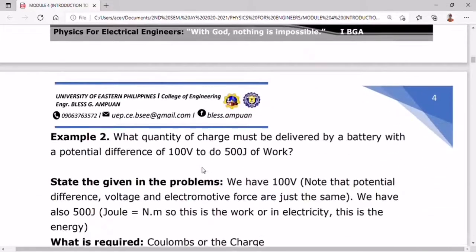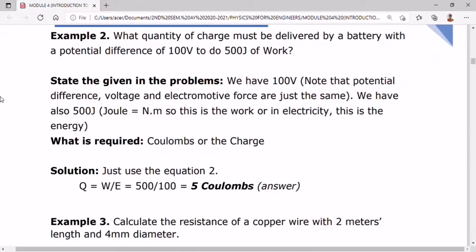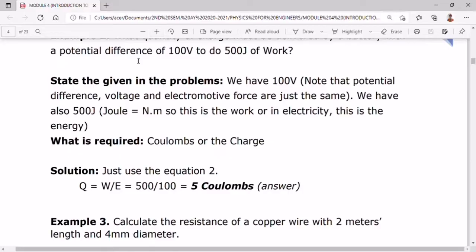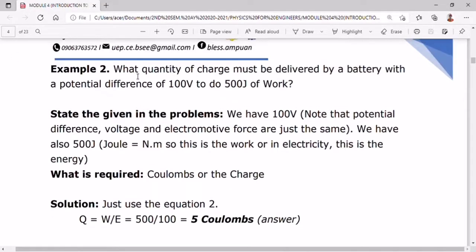So next step. What quantity for our problem number 2? What quantity of electrical charge must be delivered by a battery with a potential difference of 100 volts to do 500 joules of work? In this example, first we're going to plot what would be the given.